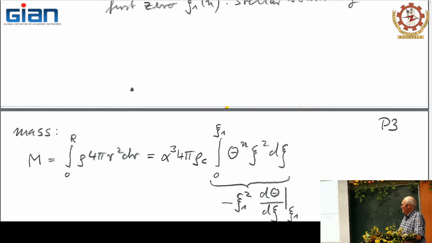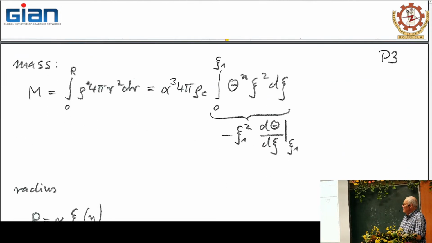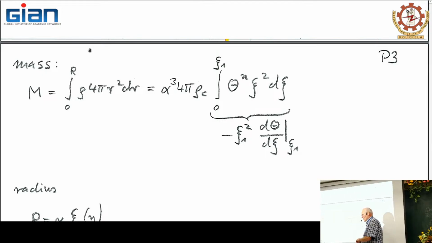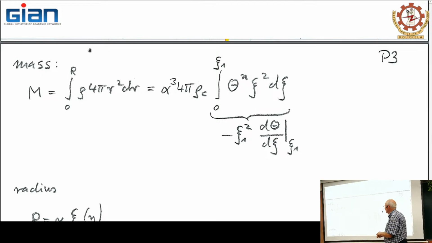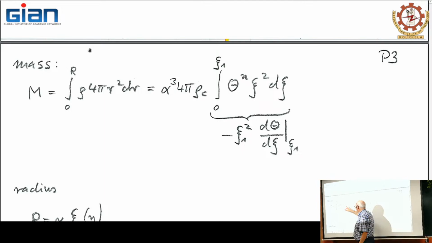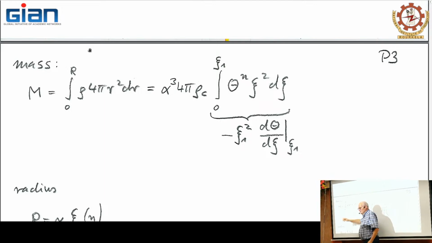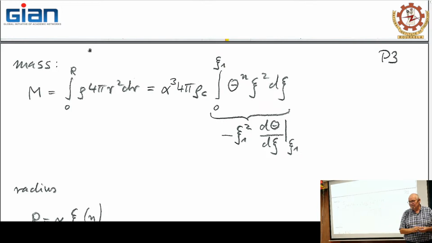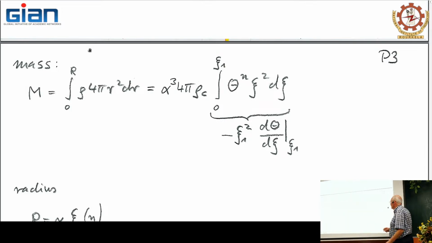Now we might calculate the mass simply by integrating the density over the volume. And once we do it and use the normalizations of radius in terms of alpha, and the normalization of the density in terms of the central density, we end up with the following integral.